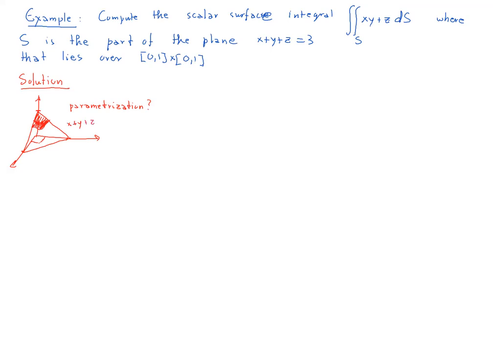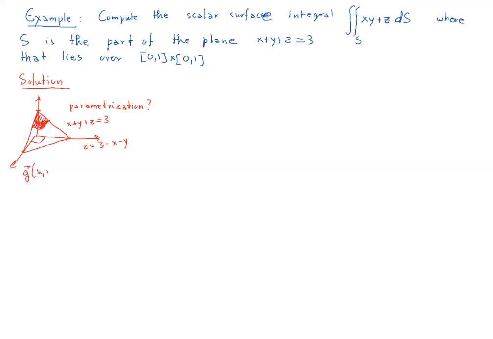So here, the plane in which this quadrilateral lies is x plus y plus z equals 3. And we can easily solve for z. This gives us 3 minus x minus y. And that means that this plane can be considered as the graph of the function f of x, y equals 3 minus x minus y.